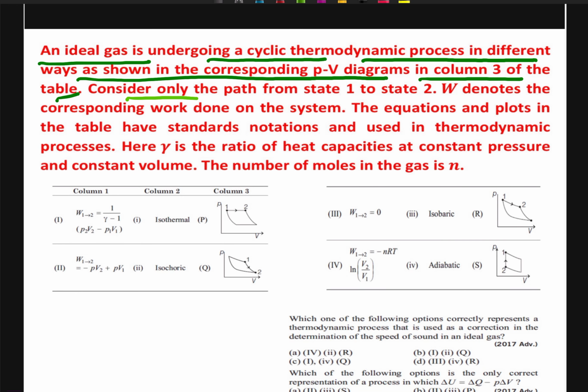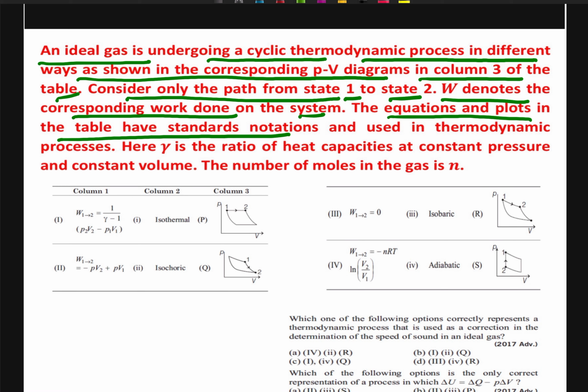Consider only the path state 1 to 2, state 2. W denotes the corresponding work done on the system. The equations and the plot in the table have standard notations and used in thermodynamic processes. If gamma is the ratio of the heat capacities at constant pressure and constant volume, the number of moles in the gas is n.